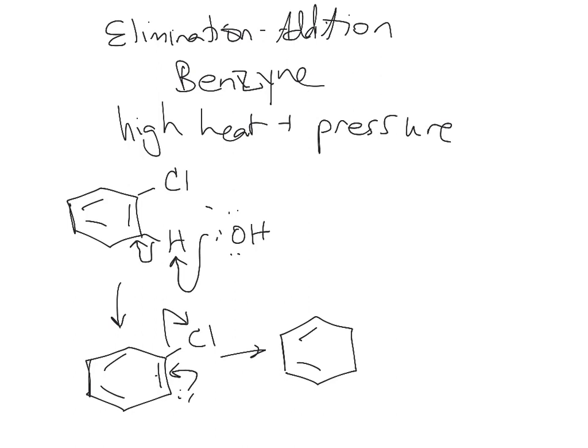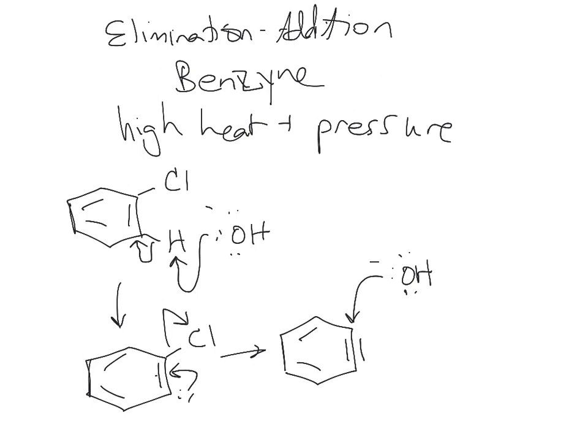It's extremely unstable. You can see that the angles are not correct, that you have a triple bond messing with the aromaticity, etc. And so once you've formed that benzyne, then your nucleophile can come in from either side. It can come in from the top here, or it can come in from the bottom.